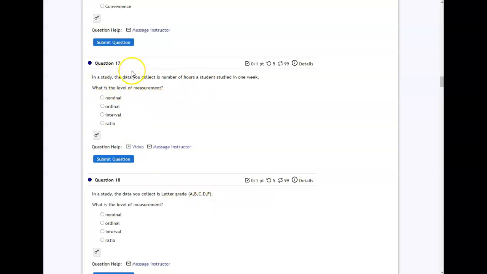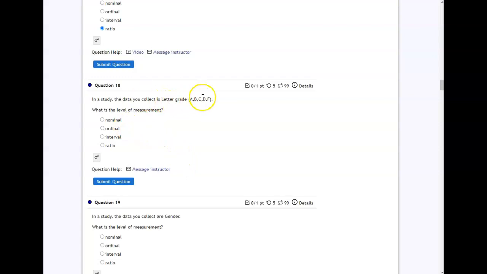So on this one, it says the number of hours a student studied in 1 week. I can put that in order. I can subtract. I can say, oh, this student studied more than the other student by subtracting their hours, and they start at 0. You're not going to have a negative amount of study hours, so that makes that ratio.